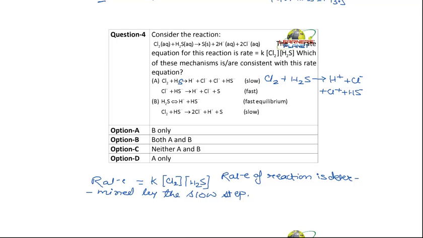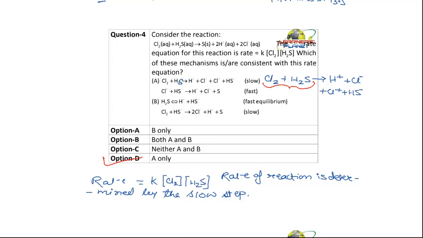So these are both the reactants. So what is the rate determining step over here? It is A. The rate determining step is the slow one, and the reaction proceeds by the A only. Okay.